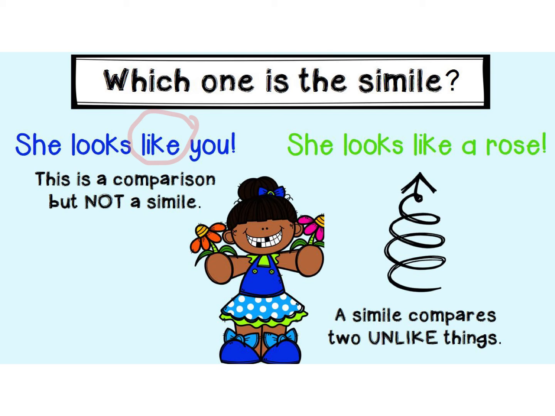If it's not comparing anything, then it's not a simile. Okay, and when I look at the other one, it has like in it, and it says she looks like a rose. It's comparing the girl, she, to a rose. That is a comparison, so that is a simile, and it's comparing two unlike things.